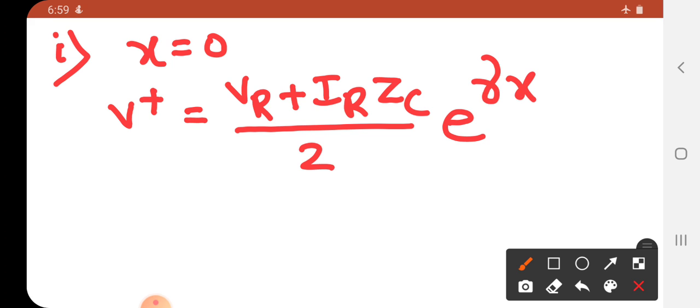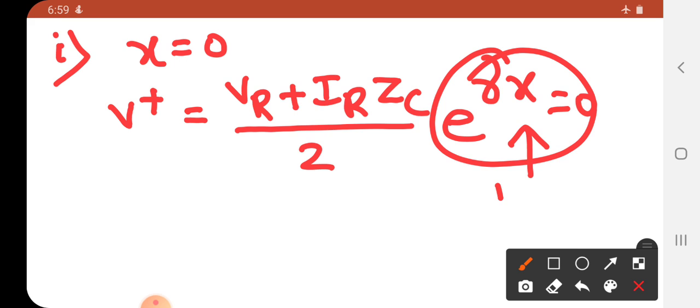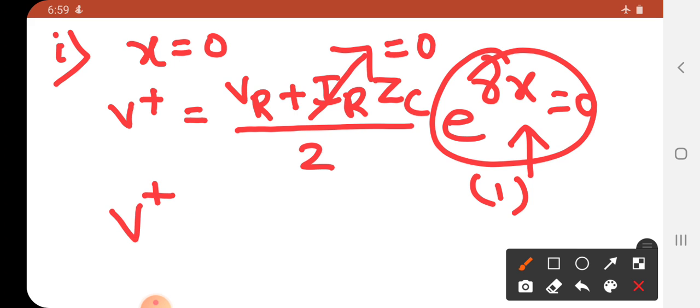Just substitute x is equal to 0, then this term is 1, and IR is also 0. Hence V plus is equal to VR by 2.